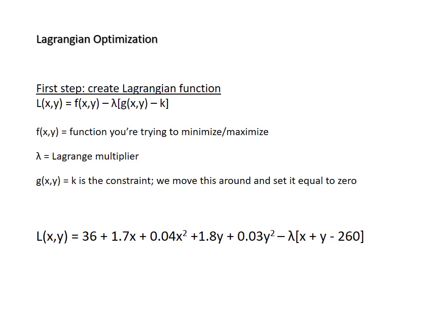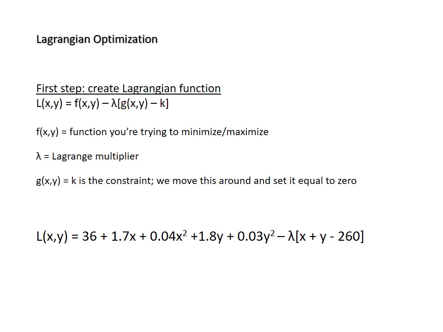g of x, y equals k is the original form of the constraint, right? In this case, our constraint is x plus y equals 260. So we have to produce cumulatively at factory 1 and factory 2 260 units. We switch this equation around a little bit and set it to 0.